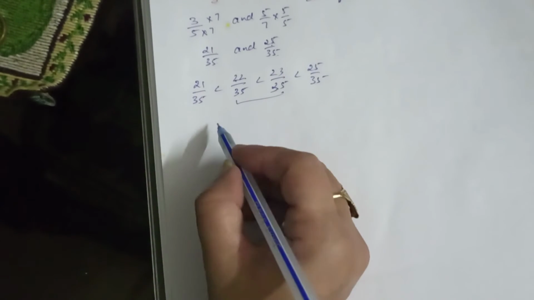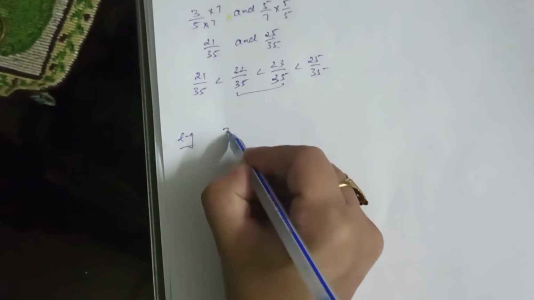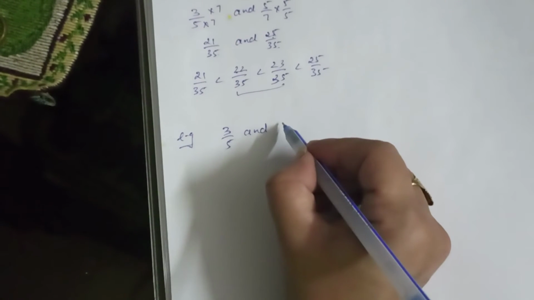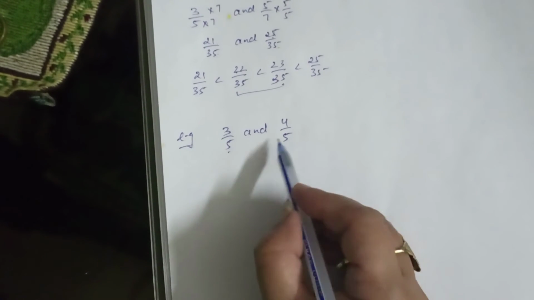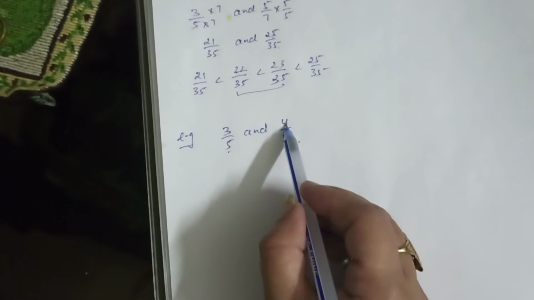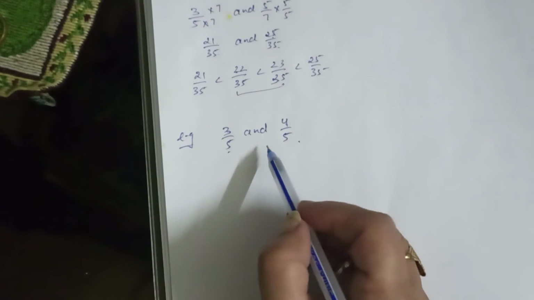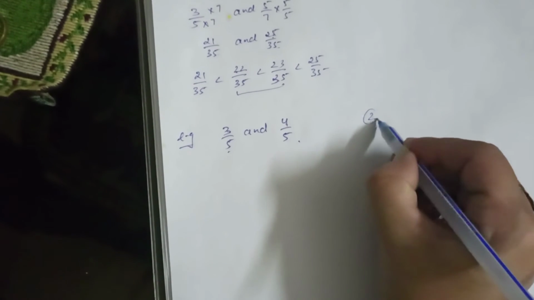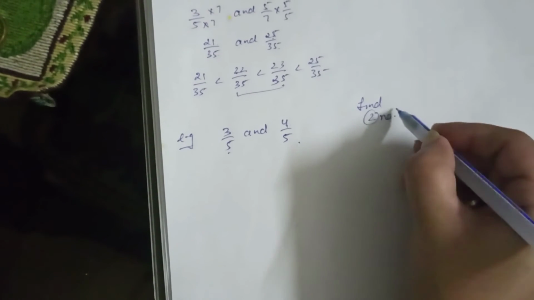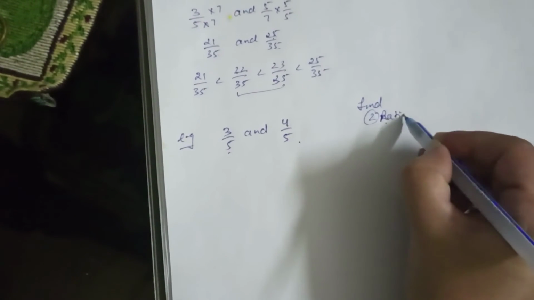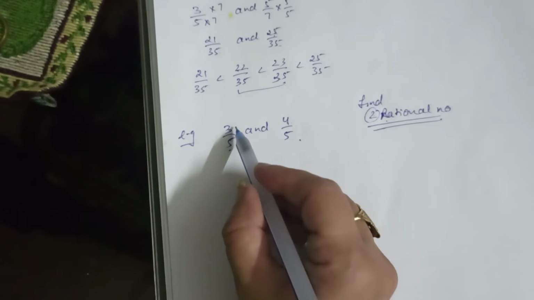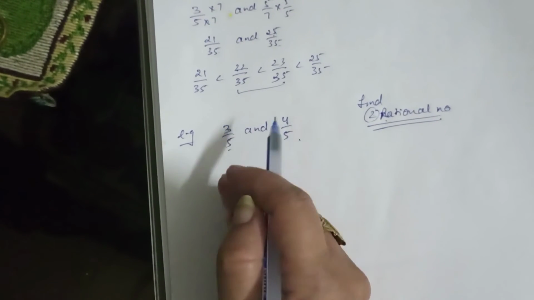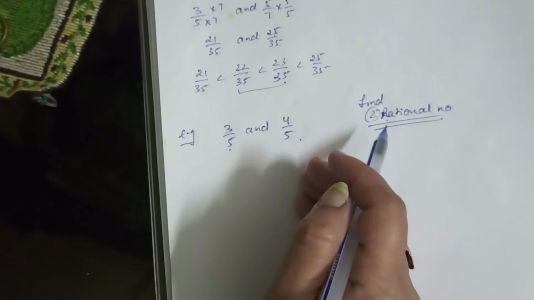But take an example like 3 by 5 and 4 by 5. Now the denominator is the same but the numerators are consecutive, so there is no gap between the two numbers that lets you write it directly. In that case, if you have to find two rational numbers between them, then multiply both numerator and denominator, on both numbers, by 3, not by 2.